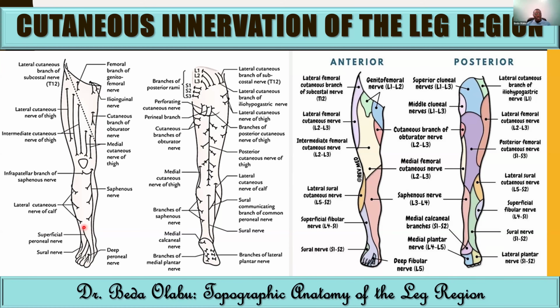The superficial peroneal nerve is a branch of the common peroneal nerve. So the common peroneal nerve divides into superficial and deep peroneal nerves. The superficial peroneal nerve runs in the lateral compartment of the leg, but pierces the deep fascia at the junction between the middle third and the distal third of the leg.